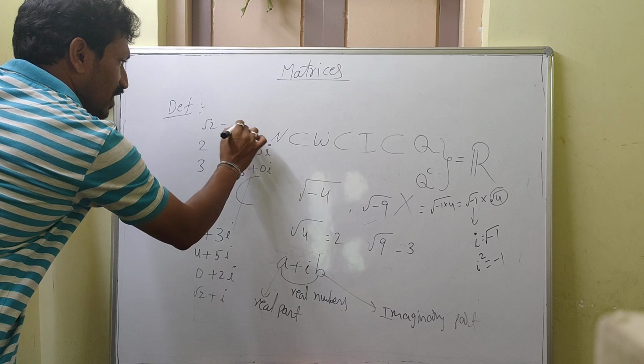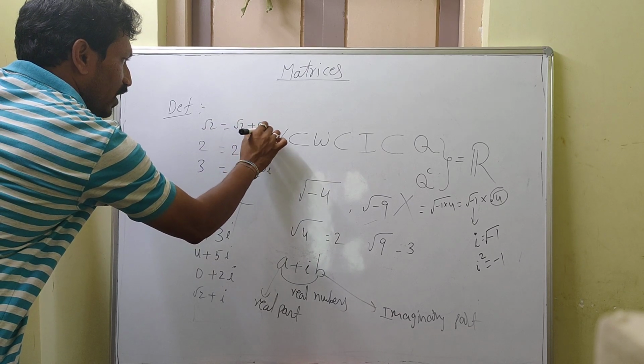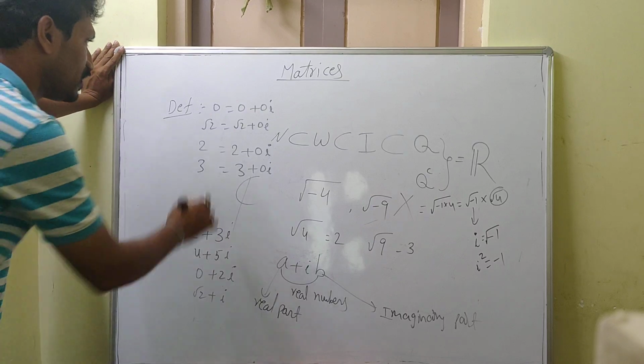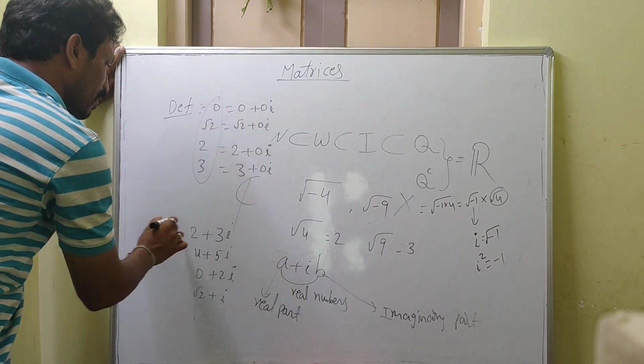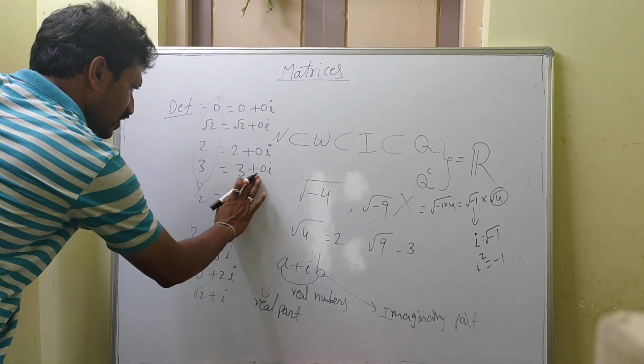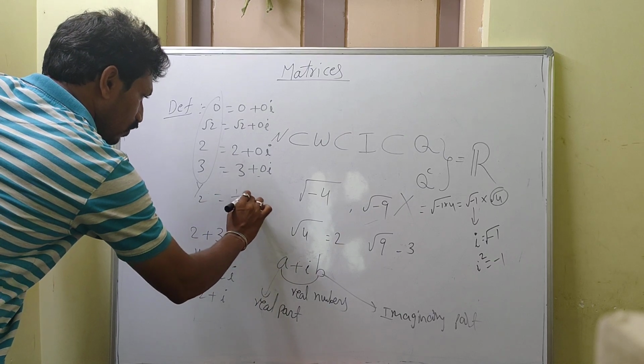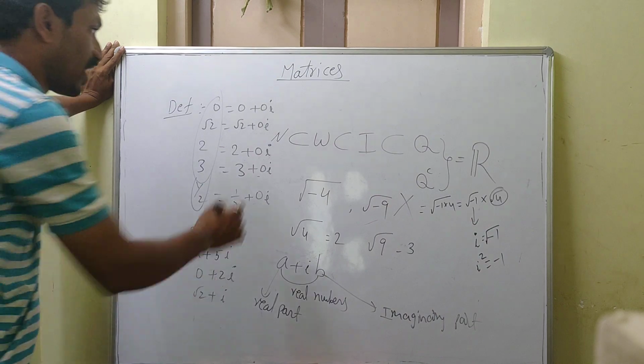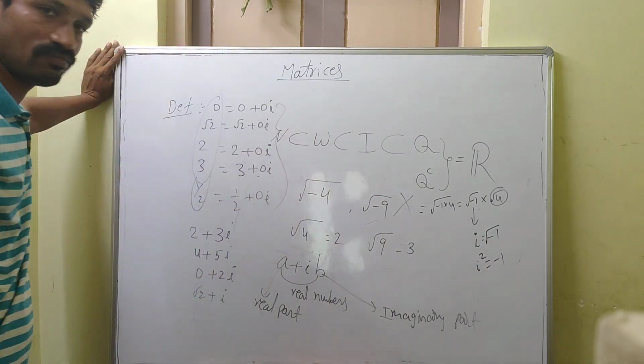Root 2 we can write as root 2 plus 0i. 0 we can write as 0 plus 0i. That means all these are real numbers. And 1 by 2 we can write as 1 by 2 plus 0i. So all these real numbers we can write as complex numbers.